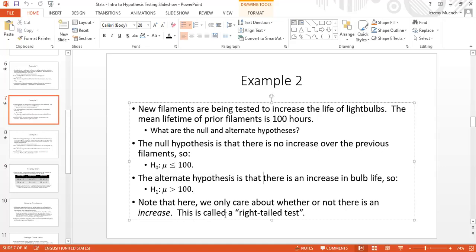This is known as a right-tailed test, with the idea being that if we have a bell curve, let's just draw one quickly. A right-tailed test would say I only care about a significant increase, so I only care about something over here. Notice how this is on the right tail of the bell curve. We'll talk more about this in coming slides, but I might only care about something where it's like, wow, that was incredibly far away.